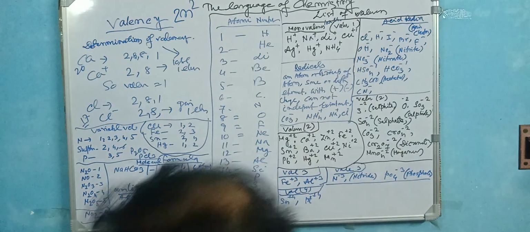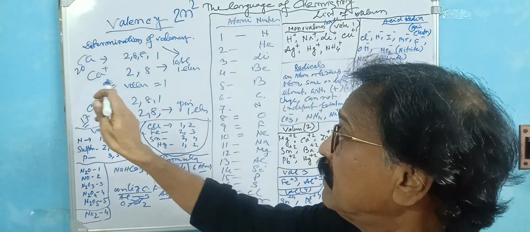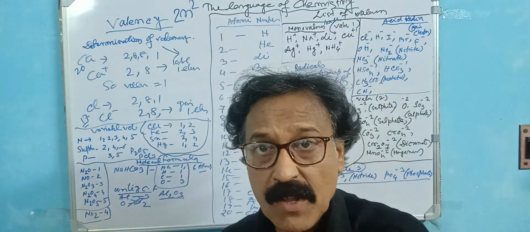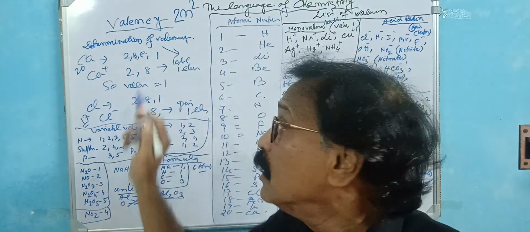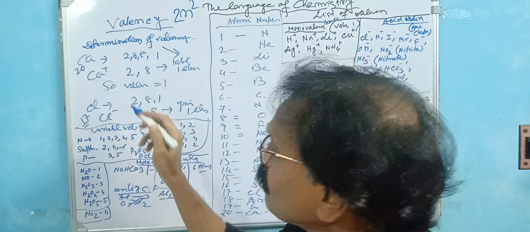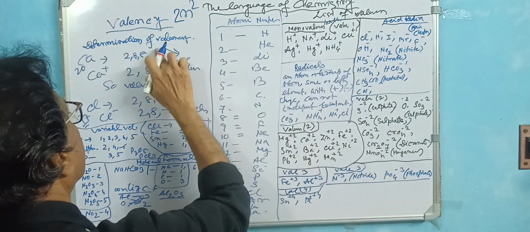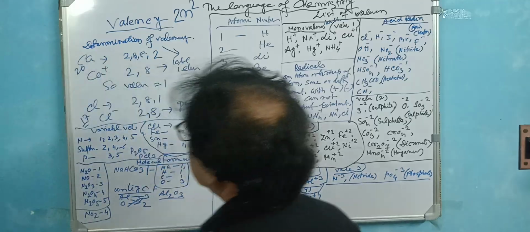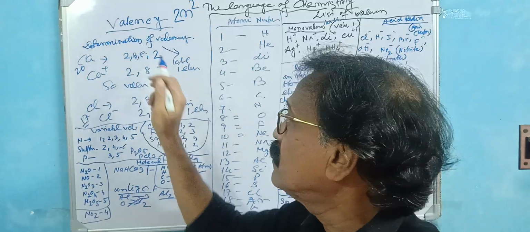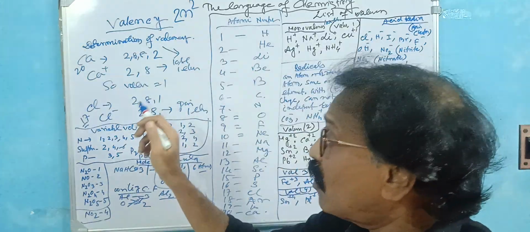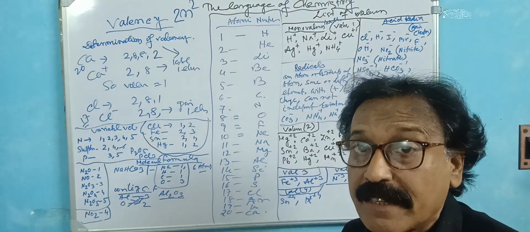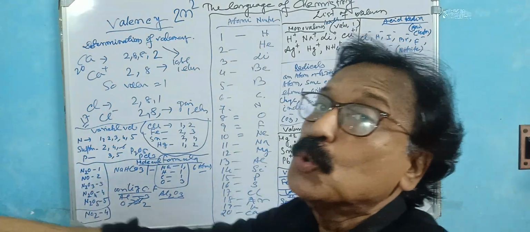So the 20 electrons are arranged in this way: first shell is 2, second shell is 8, complete, third shell 8 also complete. So 8, 8, 16, then 2 more, 18, 2, 20. For that reason the 20 electrons of calcium are arranged as 2, 8, 8, 2.